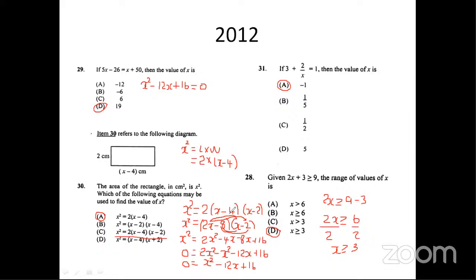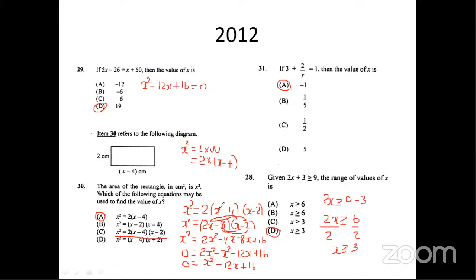The first step would be to remove the first bracket, remembering that we are also going to be multiplying this bracket by our next bracket, which is x minus 2.